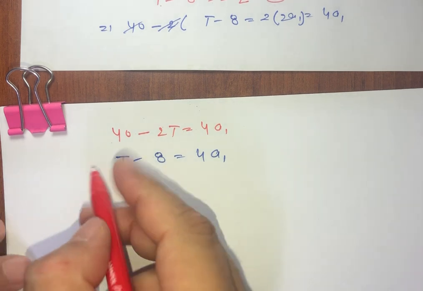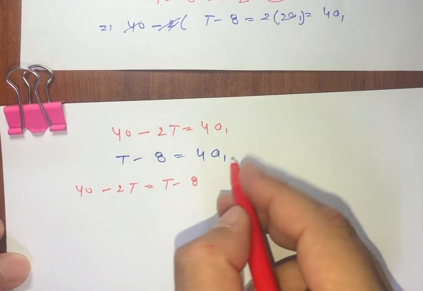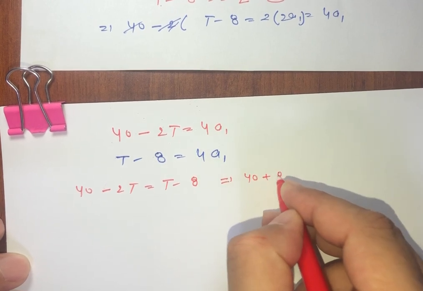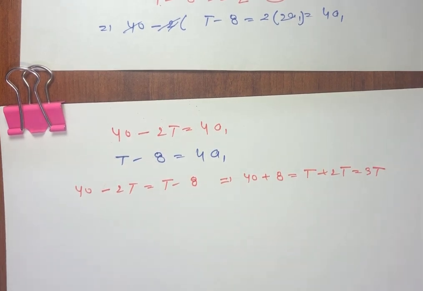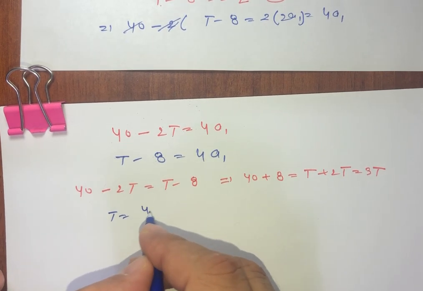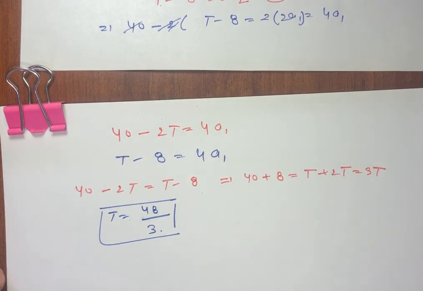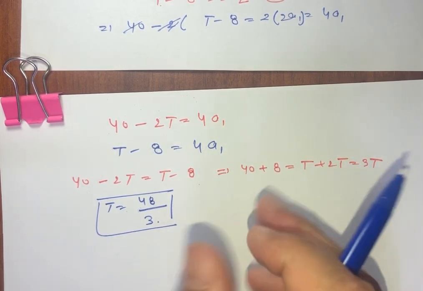So we can say from here 40 minus 2T is equal to T minus 8, and we say 40 plus 8 is equal to T plus 2T, which is equal to 3T, and T will be equal to 48 divided by 3. Okay. So we get the value of T, and we can find out value of a1 also.